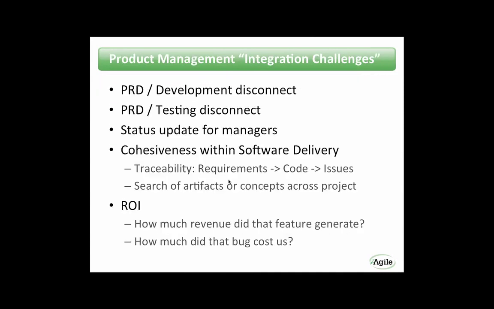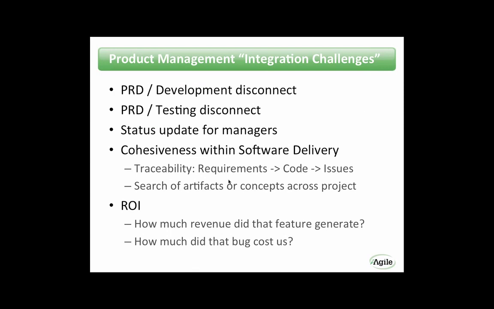So let's talk more about requirements management and Wicket Smart PM. First of all, the challenges. These are probably all familiar challenges, but just to declare them with respect to context for the demo. Between a product manager creating a spec and the development actually creating those features, that's unfortunately an opportunity for disconnect.